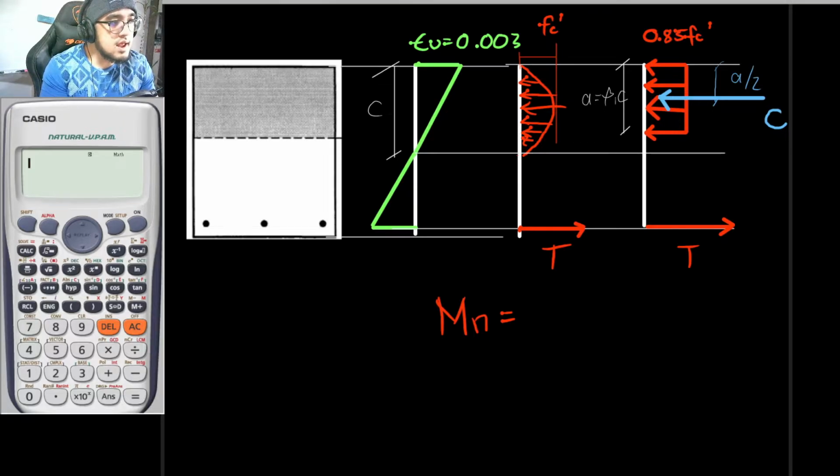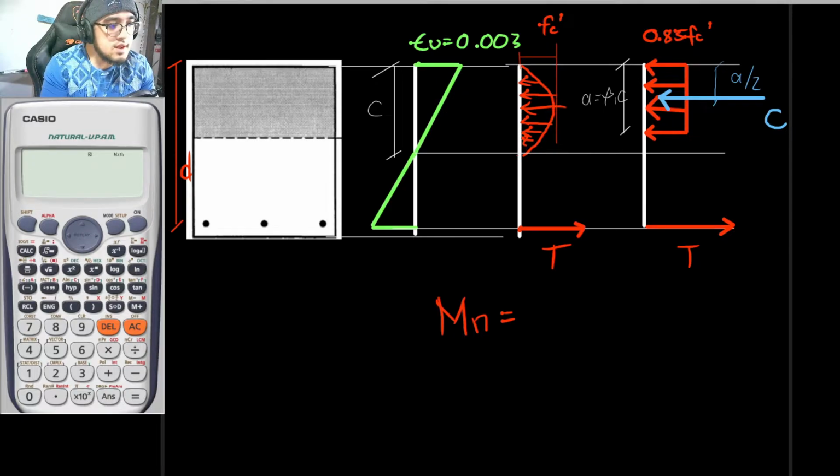And let's say that this dimension, from the topmost fiber of your beam, or the compression fiber, up until the centroid of your steel, is D. So that is your value D, or the depth.